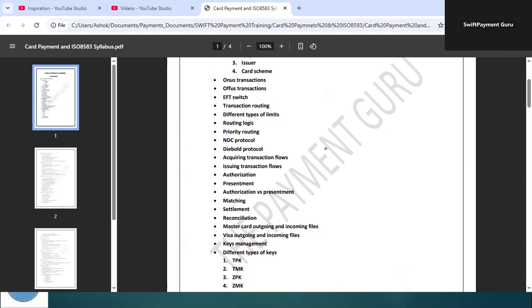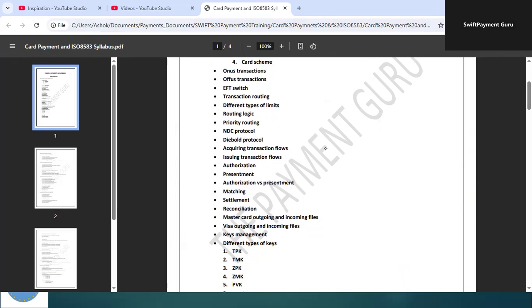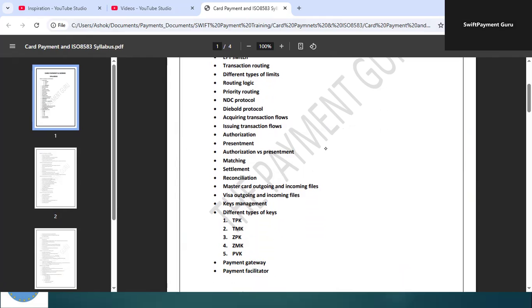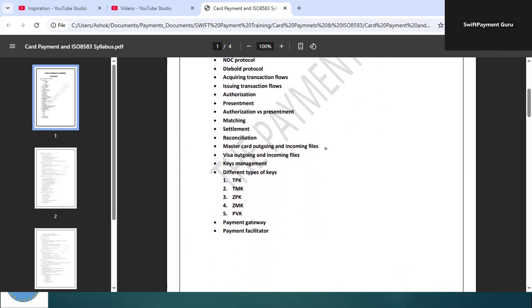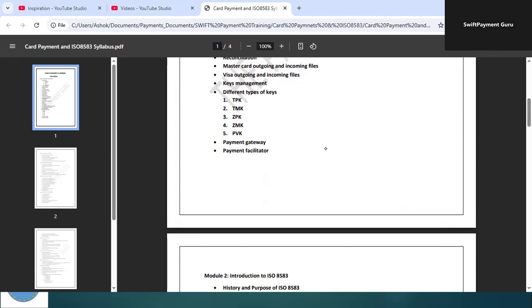We'll learn about routing logics, priority routing, NDC protocol, Diebold protocol, acquiring transaction flows, issuing transaction flows, authorization versus presentment, matching, settlement, reconciliation, Mastercard outgoing and incoming files, Visa outgoing and incoming files with examples, and key management, including different types of keys such as TPK, TMK, ZPK, ZMK, PVK.